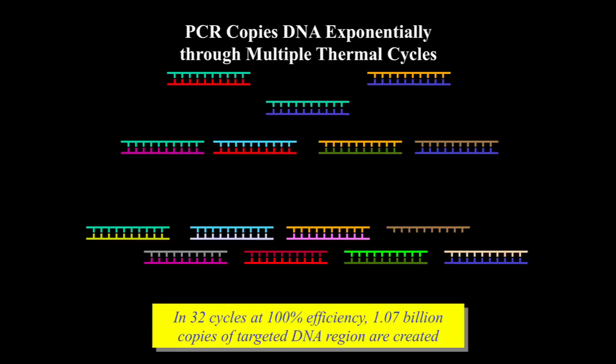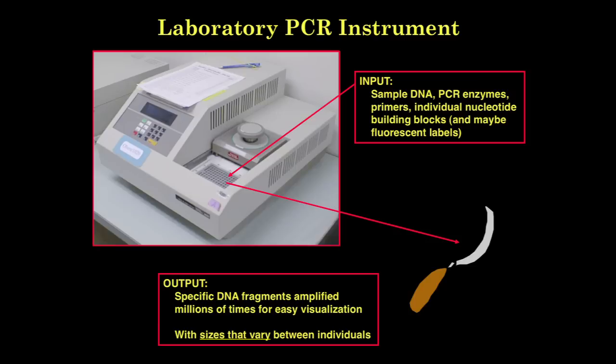So the utility of this depends on accuracy of detection, as well as being able to multiplex these DNA samples according to the STRs and the different fluorescent labels. This is what the laboratory PCR instrument looks like.